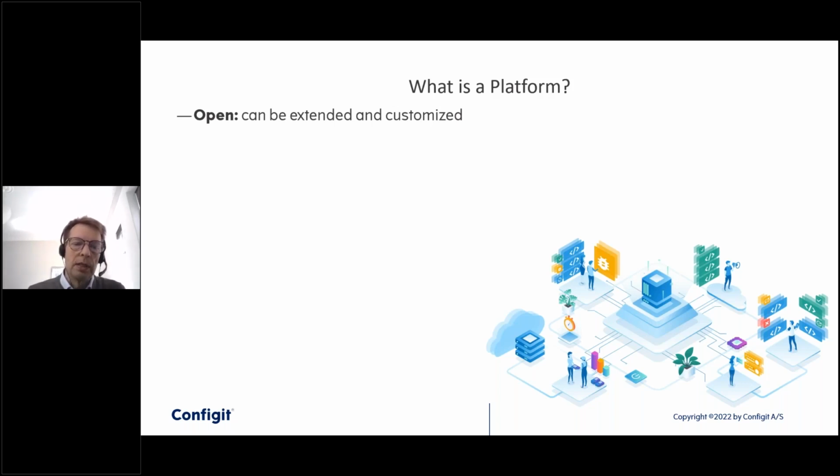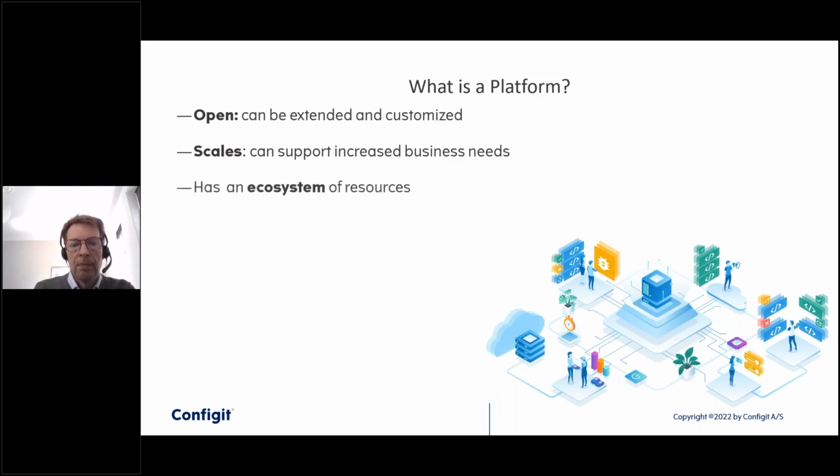So the first one is, well, it has to be open, it has to be extensible, it has to be customizable, open APIs, well documented, stable, scalable. The scalability is also in terms of making sure that the system can adapt to increased needs when you want to roll it out to other business units or maybe even outside of the organization. The platform will have to be able to scale and support that.